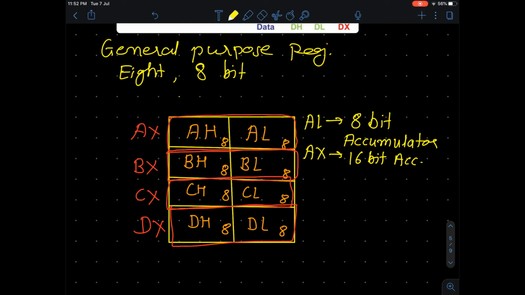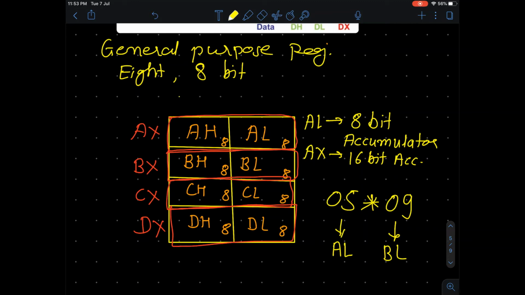What is the exact meaning of using it as an accumulator? Suppose you want to perform the multiplication of two numbers, say 5 into 8, or 9. When this multiplication has to be performed, then out of the two numbers, one number must be in the AL register and the other number can be in any other register, such as the BL register.